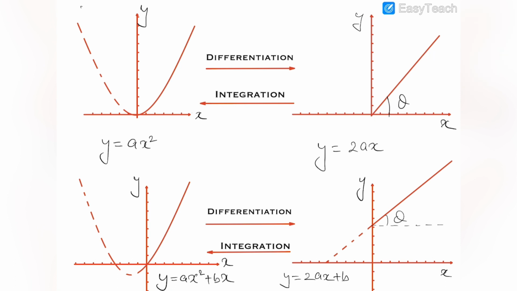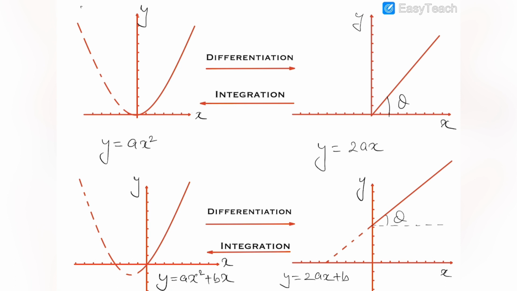If the base of the parabola is at the origin, then this straight line would pass through the origin. This is also valid in the reverse direction: if you integrate a straight line which is going up, it gives a parabola which is opening up.